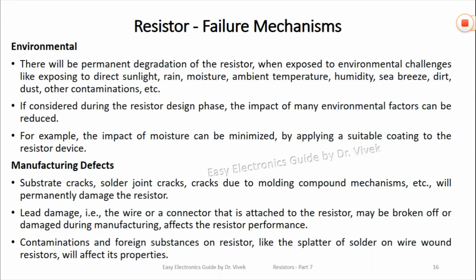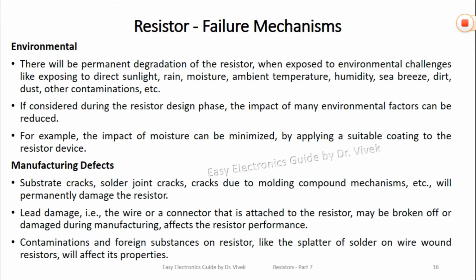There will be permanent degradation of the resistor when exposed to environmental challenges like exposing to direct sunlight, rain, moisture, ambient temperature, humidity, sea breeze, dirt, dust, and other contaminations.